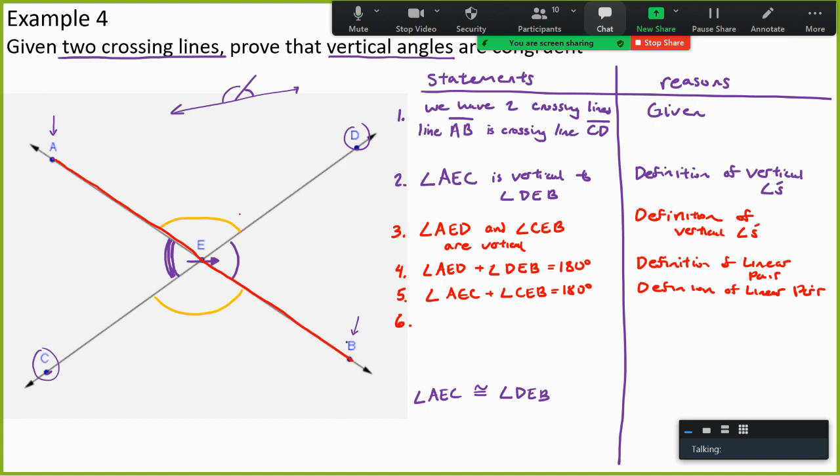Life happens. So we're going to use some of what we've written. The top yellow angle and the right purple angle are forming a straight line, the red line. They're forming a linear pair. AED is a linear pair with DEB. So at step 4 here, for our statements, that's where I'm going to pick up.